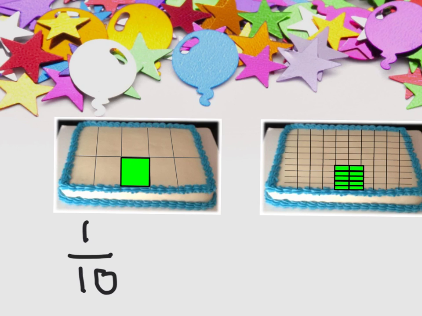So let's think about this. Let's think about what we know about numbers so that we can make this 1/10 into hundredths. So 10 is really just one grouping of 10 individual units, and 100 is 10 groupings of 10. So if we know that 100 is 10 groupings of 10, then what can we do?